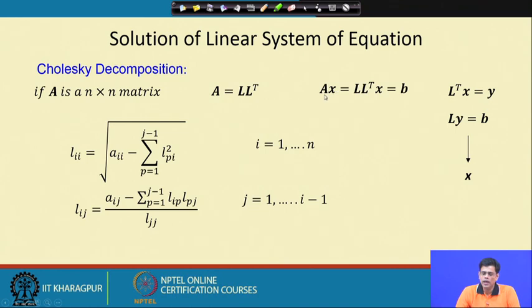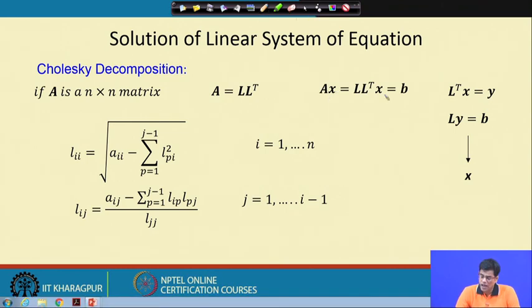Here, Ax can be written as L L transpose x, and as we assumed in LU decomposition, L transpose x equals y and L y equals b. Then we first do forward substitution to compute y, and then back substitution to compute x. This is the overall procedure for the Cholesky decomposition.